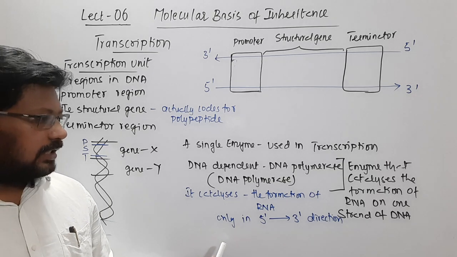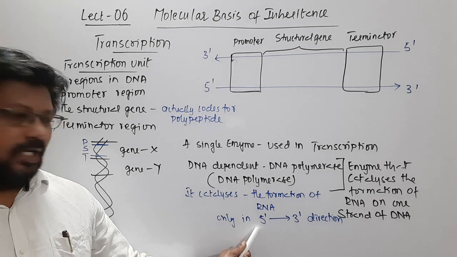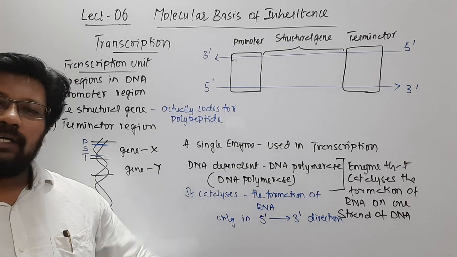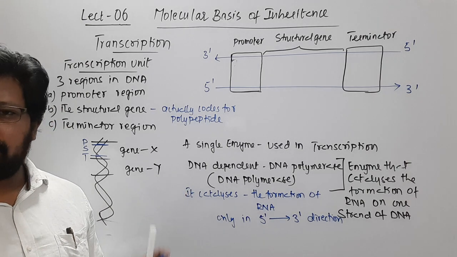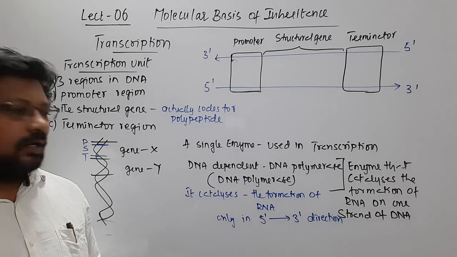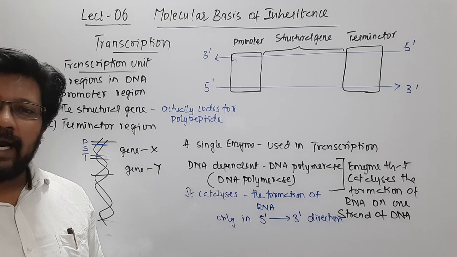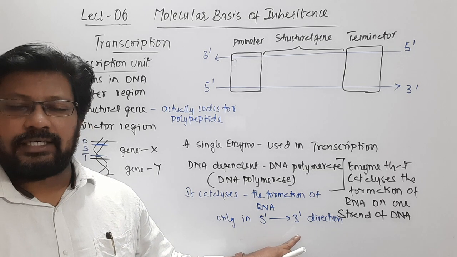So the formation of RNA will always take place from 5' to 3' because this 3' end provides the OH, and these enzymes, whether it is DNA dependent DNA polymerase or DNA dependent RNA polymerase, can add nucleotides only on the 3' OH end.